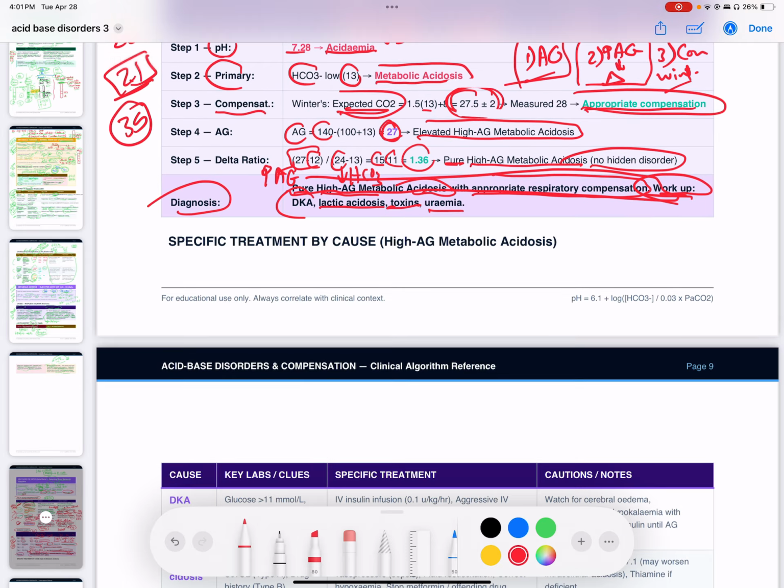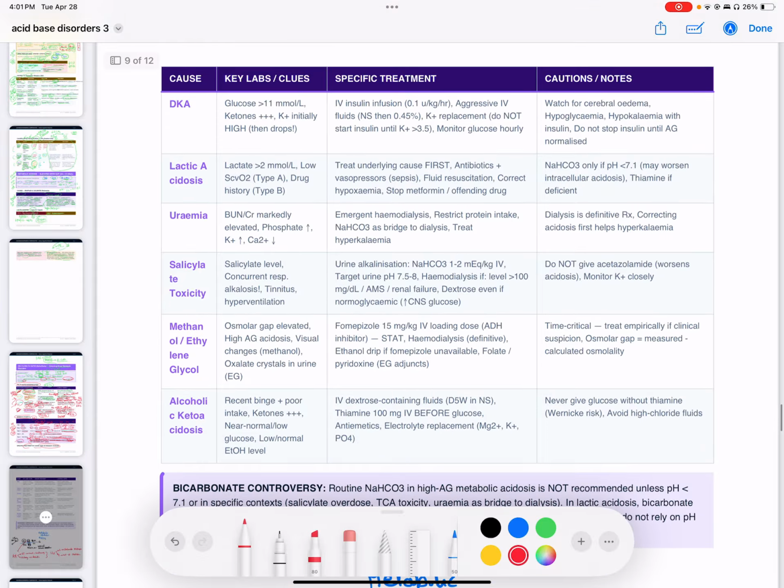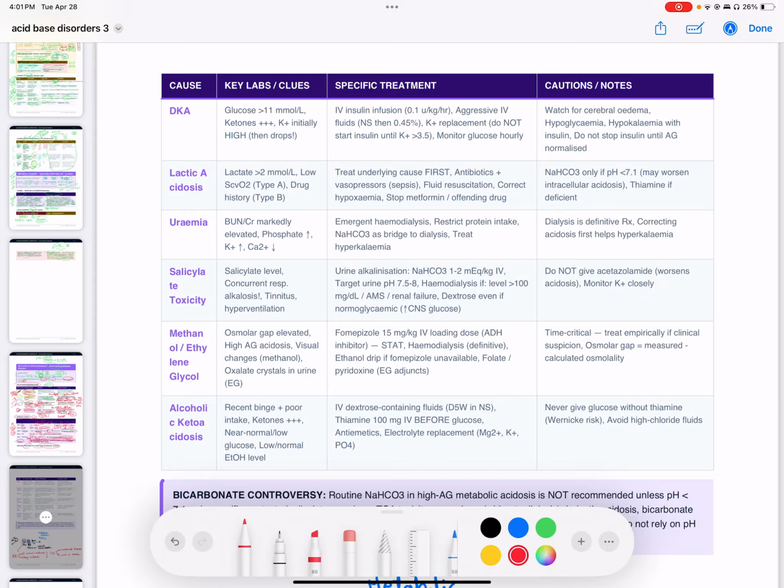This is just a summary about specific treatment for each cause that can cause high anion gap metabolic acidosis. I will not go through the details of it, but let's just go through it very fast. DKA, you have diabetic ketoacidosis.